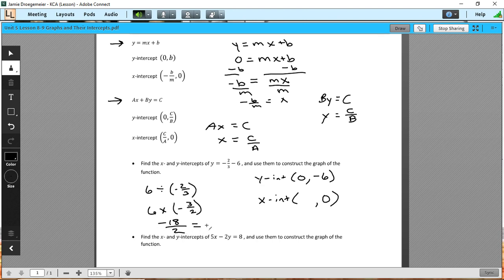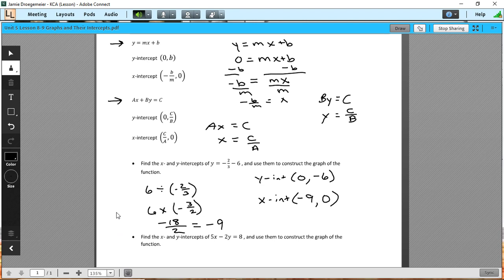And if we simplify that fraction, that would simplify to -9. So our x-intercept would be -9. Once I have those, then I could plot them on the graph and then just draw the line between them. I'm not showing the graphs on this one, but we could plot those 2 points, draw the line, and that should give us the line that matches that equation.